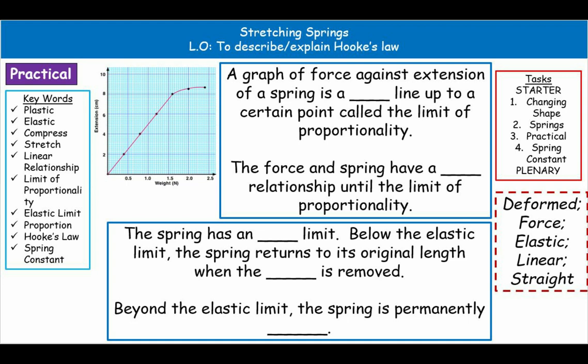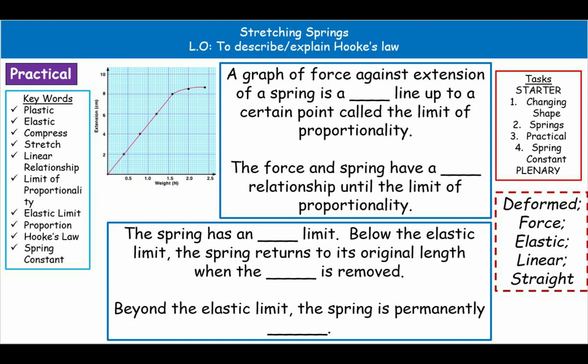Now what we can see is we've actually got two different sections of the graph, if you like, when we're trying to explain what's happening. So we're going to start off looking at the left hand side first of all. If we look at the left hand side of the graph, what you can hopefully see is that as the weight increases, the extension increases.